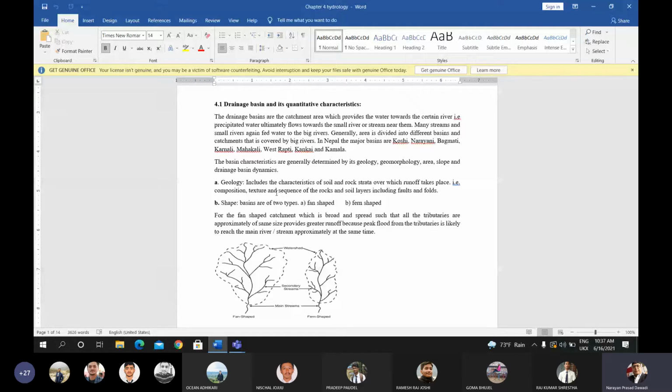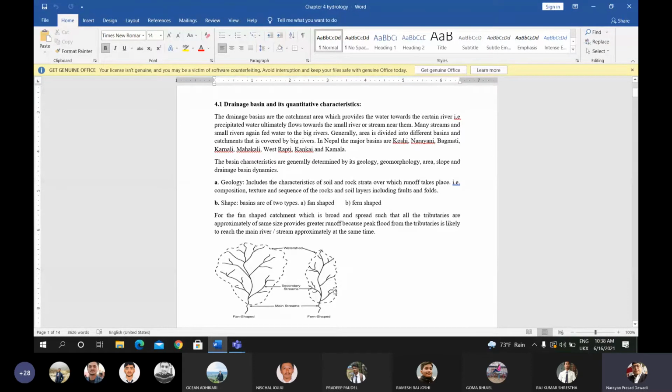So the peak flow for the fern-shaped basin will occur at a slow rate, while the peak flow in the fan-shaped basin is very fast, because the tributaries are small, and they can feed water into the main stream or river, or from the overland flow, from the ground surface flow towards the river, over a very small distance.